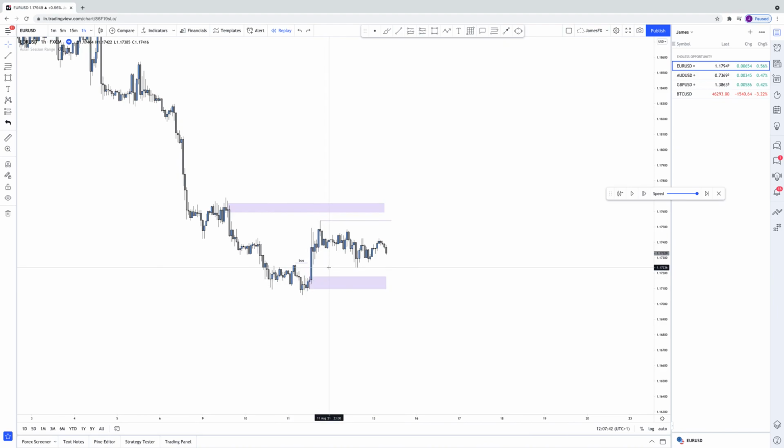But as you can see, price ranged around a little bit. We broke structure again, but we just wicked above that high, and we then ranged around, pushed down, and failed to come back into this area of interest.